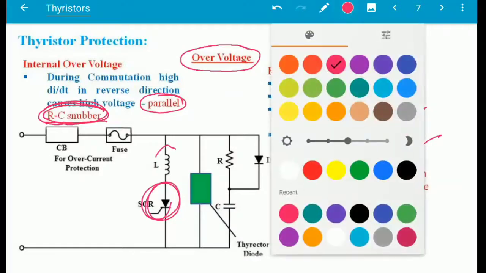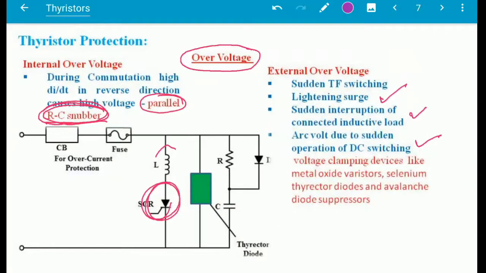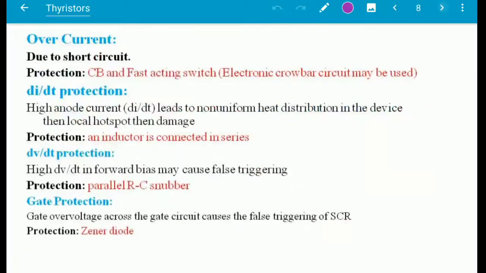Generally voltage clamping devices like metal oxide varistor, selenium thyrector diodes, and avalanche diode suppressors are used. This is the device used for protection of external overvoltage. We have to remember this one.